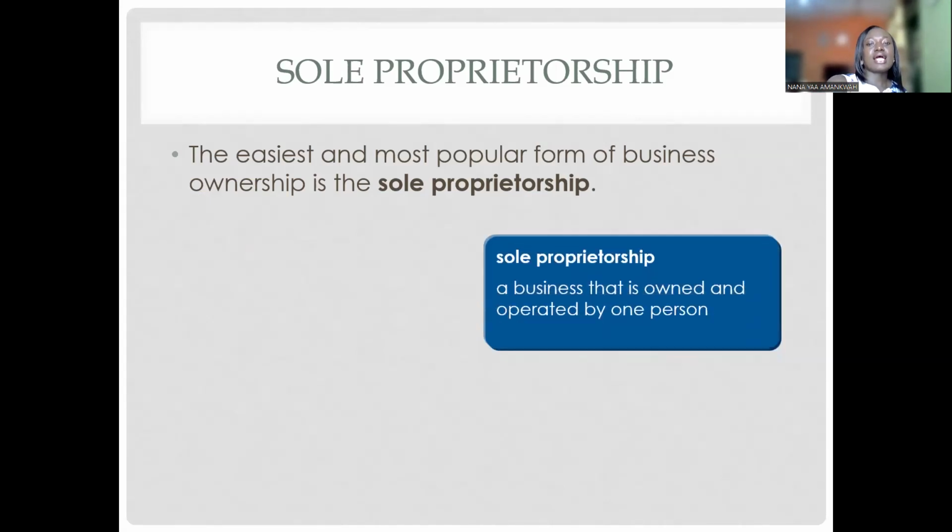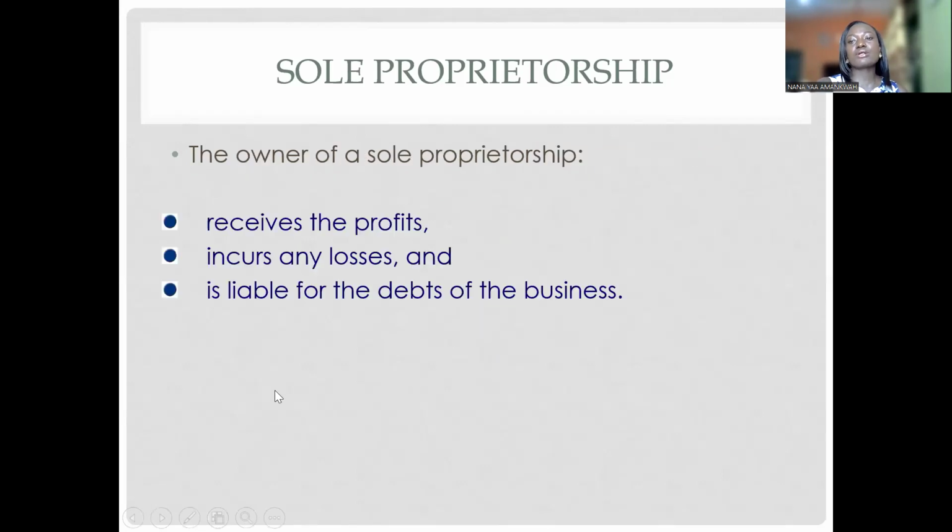So when you look at the whole framework of sole proprietorship, it's owned and operated by one person. Even if the person decides to employ others, he is still the major focal point in the whole business. Now he receives all the profits and the losses, and is also liable for the debts. So whenever there's a debt in that business, the sole proprietor has to foot all that.